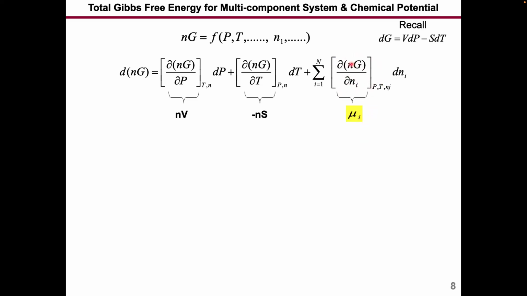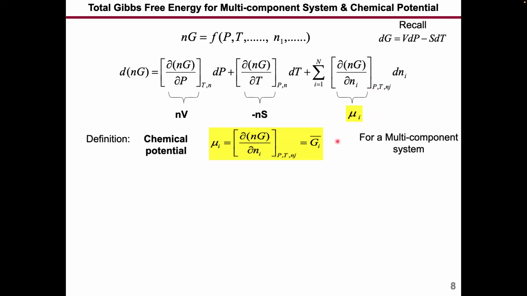Because it's so important, we give it a special name: the chemical potential, mu i. It's the partial molar Gibbs free energy. So the definition of chemical potential is partial NG, partial Ni, holding T, P and Nj constant. And if you want, you can write it as Gi bar for a multi-component system.